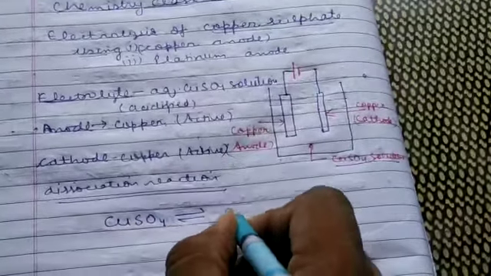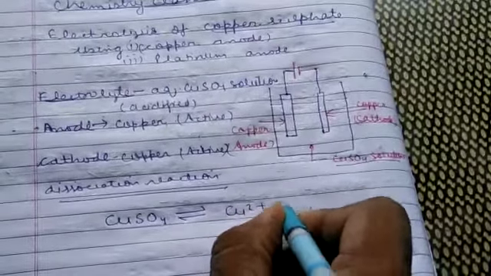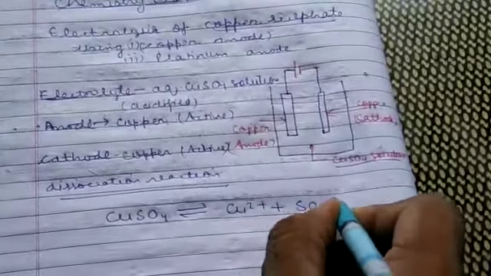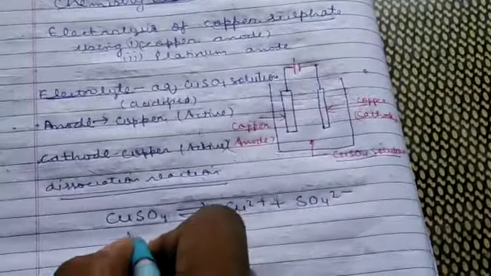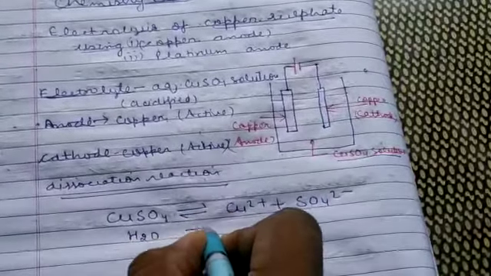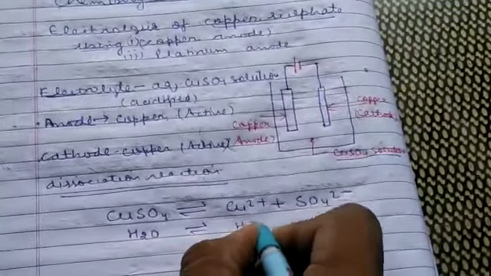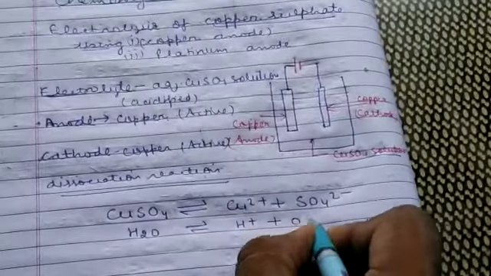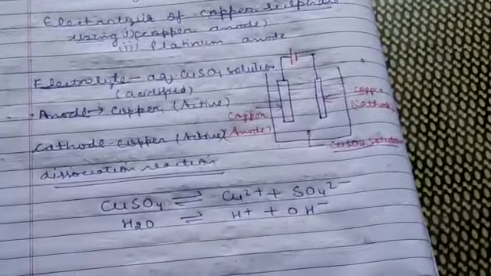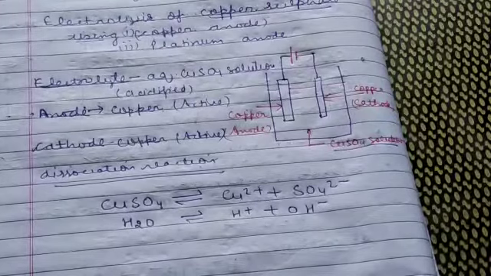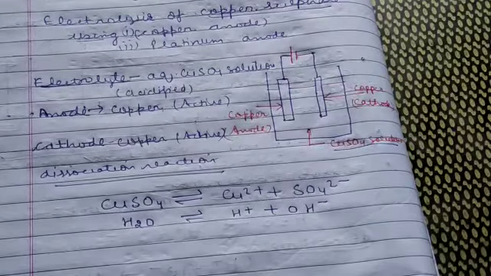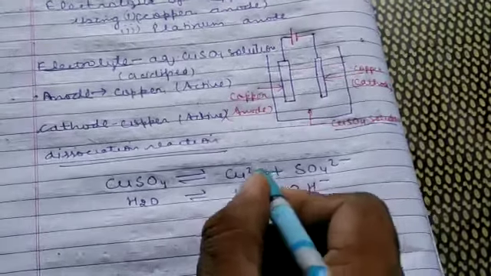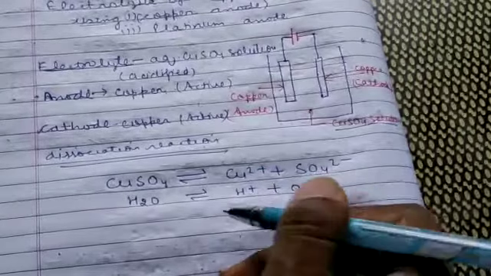Copper sulfate on passing electricity gives out Cu2+ and SO4 2- ions. As there is water content, it also gets ionized to form H+ and OH- ions.